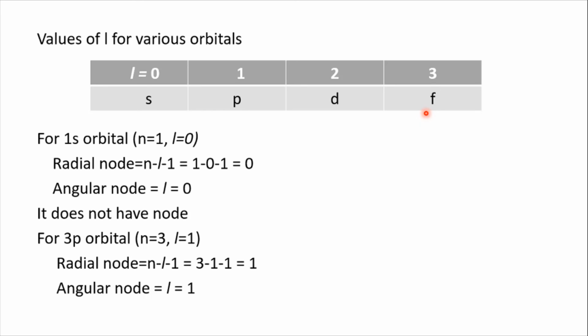For the 3p orbital, n is equal to 3, l is equal to 1. Radial node is equal to n minus l minus 1. n is 3, minus 1, minus 1, which is equal to 1. It implies that there is one radial node and one angular node.